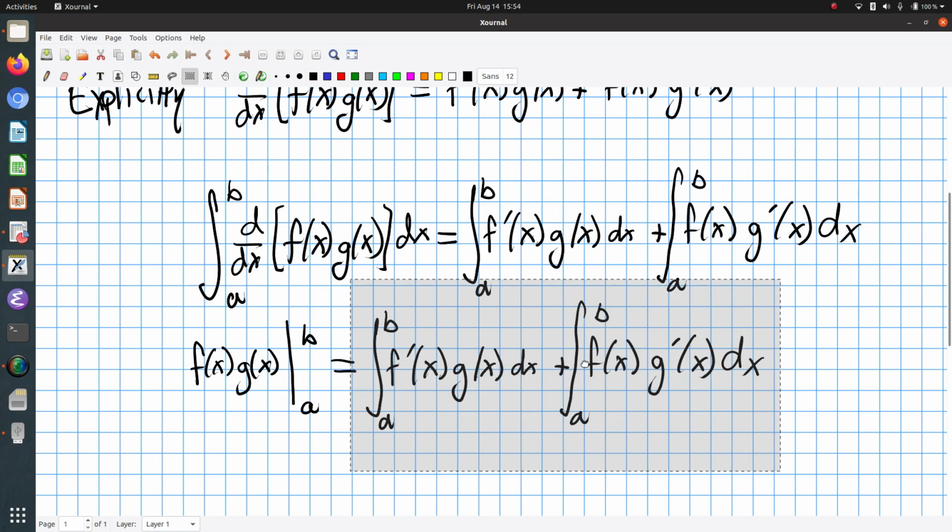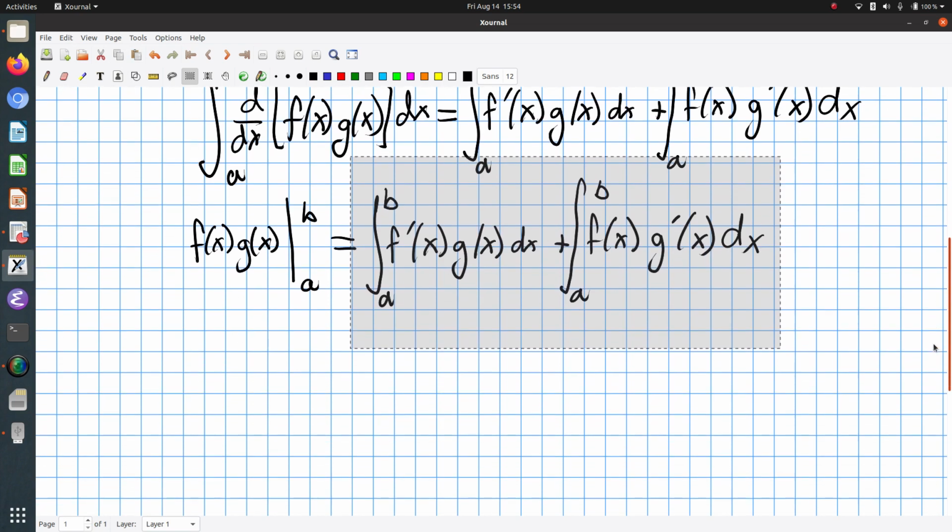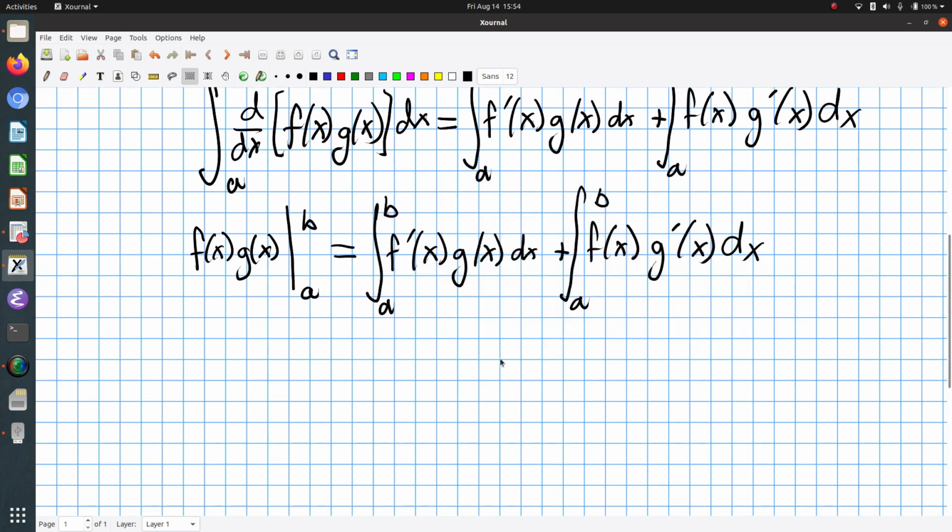In order to get the integration by parts formula, all you need to do is move one of these two terms over to the other side. Doesn't matter which one you do. So let's do this.